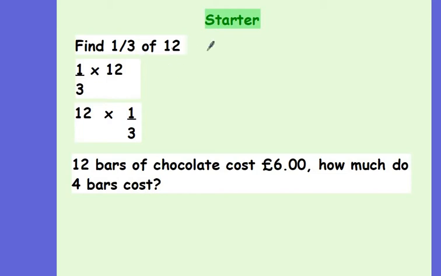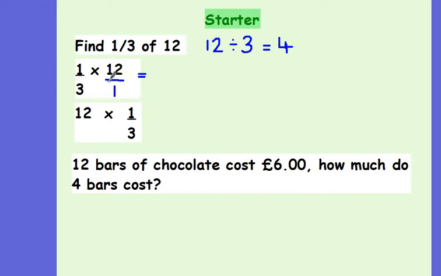Right, let's go through the answers. So to find 1/3 of 12, we need to take our 12 and divide it by 3, which gives me 4. For the second question, I asked you to do 1/3 multiplied by 12. Now, when we were multiplying by integers, we needed to recognise that we can write 12 as 12 over 1.